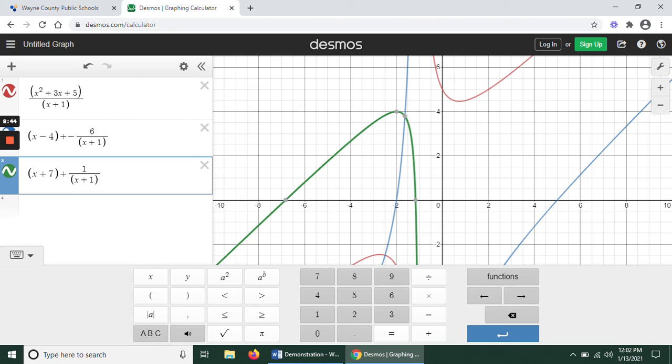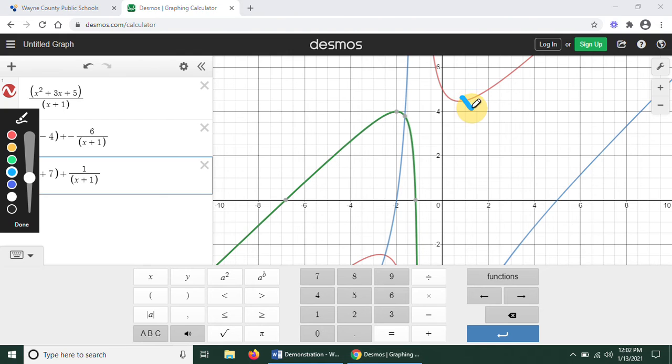Now notice that this expression that I just typed gave us this graph that is in green. The graph in green is different from this graph which is in red.